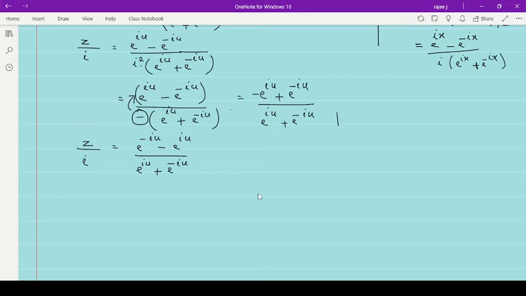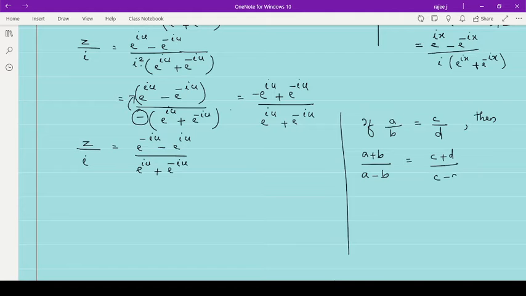So now we have a relation called componendo dividendo, from the ratio and proportion topic. If a by b equals c by d, then by componendo dividendo, a plus b, numerator plus denominator, upon numerator minus denominator, will be equal to c plus d divided by c minus d.